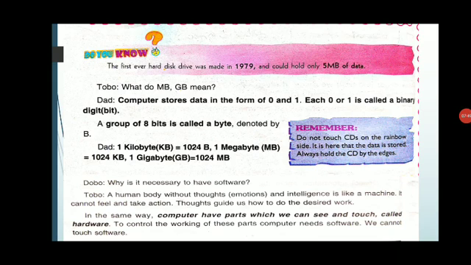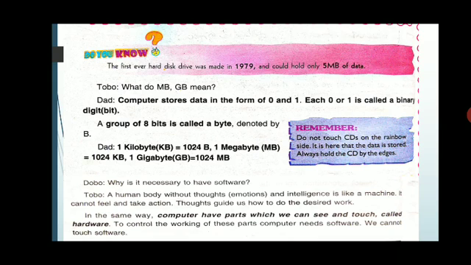But do you know the first ever hard disk drive was made in 1979 and could hold only 5 MB of data? Then Tobo says, "What do MB and GB mean?" Dad says the computer stores data in the form of 0 and 1. Each 0 or 1 is called a binary digit, that is a bit.